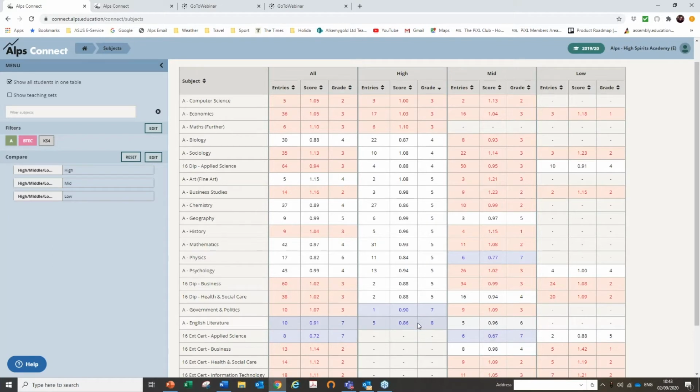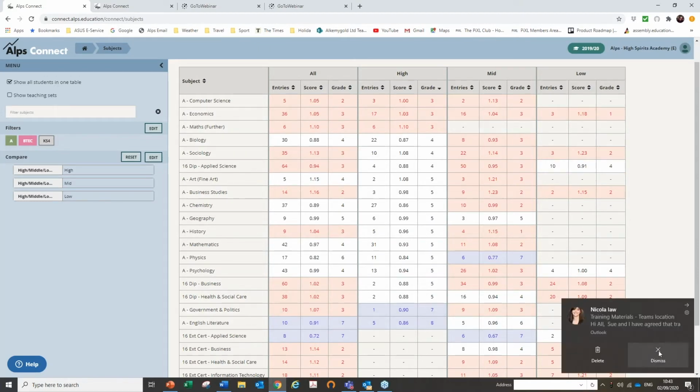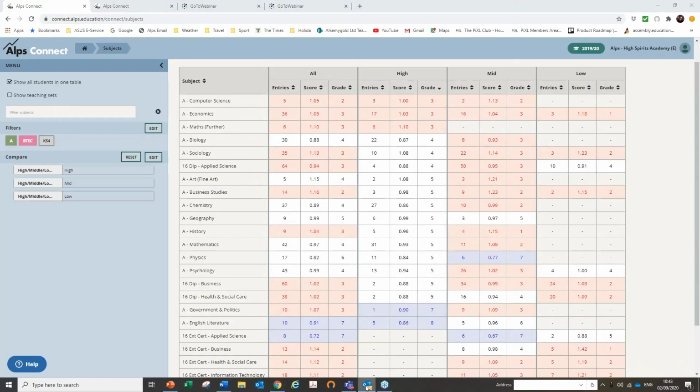Not so many blue subjects, but an awful lot of the bigger cohort subjects and some others around grade 5, maybe a few a bit higher, but perhaps not quite where going forward we would really like the achievement to be, particularly in comparison to the middle progress and indeed to the low progress as well.